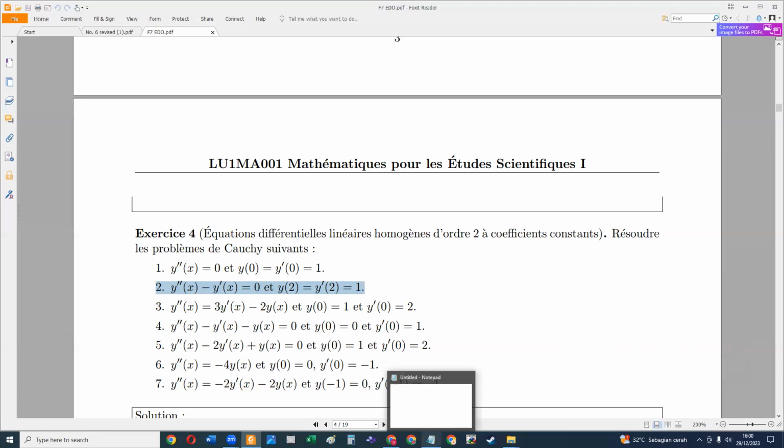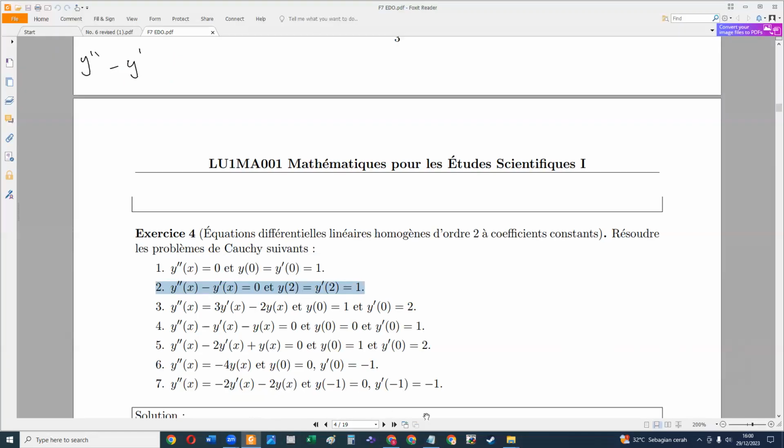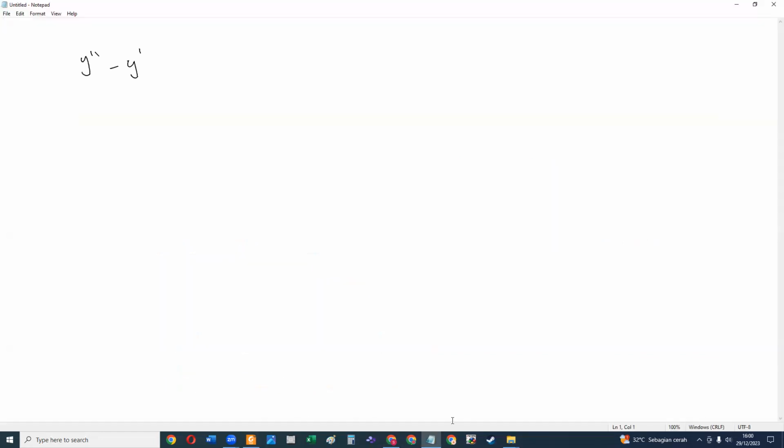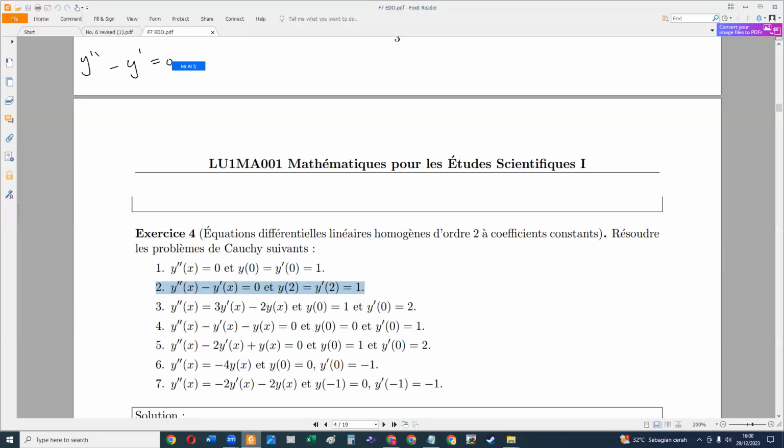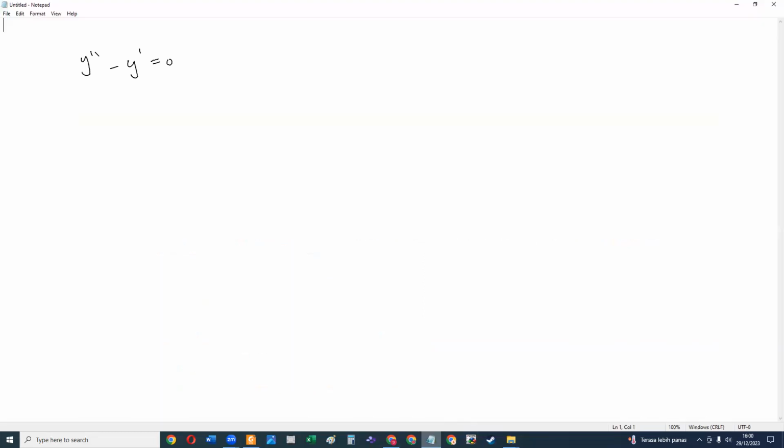Here's how we do it. y double dash minus y dash is 0. And we know besides that y of 2 and y dash of 2 is 1.